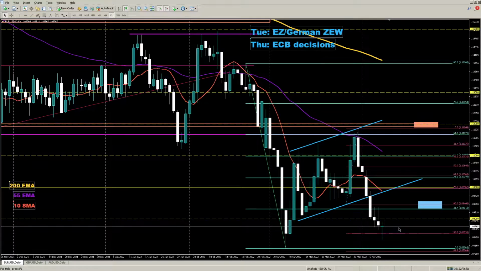But it could consolidate ahead of this coming Thursday's ECB rate and policy decisions. So we'll see if that will have any impact to either trigger a move for it to recover or for it to continue lower.